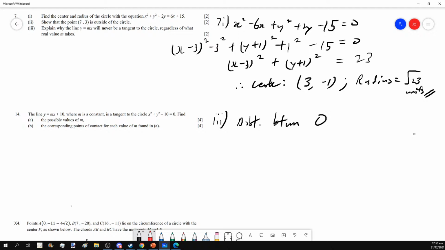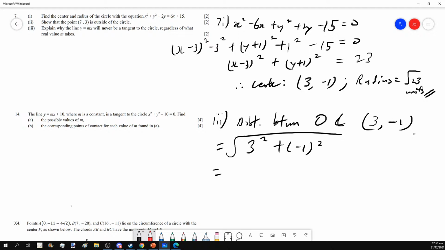So the distance between origin and 3, -1 is equal to the square root of 3 square plus -1 square, and this will give us the square root of 17, which is obviously less than the square root of 23, which is the radius. Therefore, O must be inside the circle.